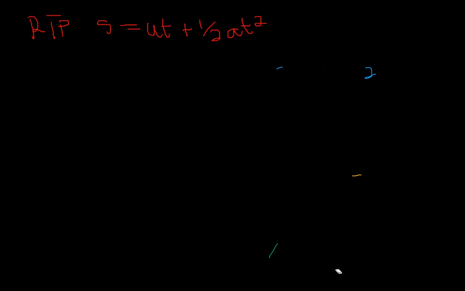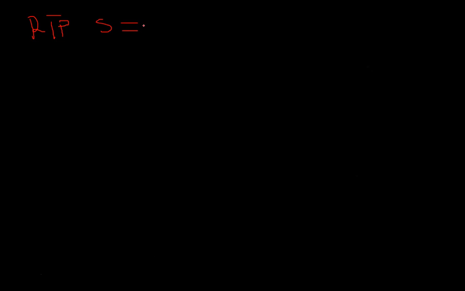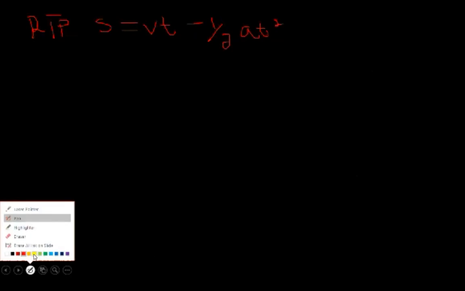Let's do the V squared is equal to U squared plus 2AS. How did they get that? Actually, no. Let me do the other one. The S is equal to VT minus a half AT squared. Let's prove that one. This one is actually similar to the other one, right?